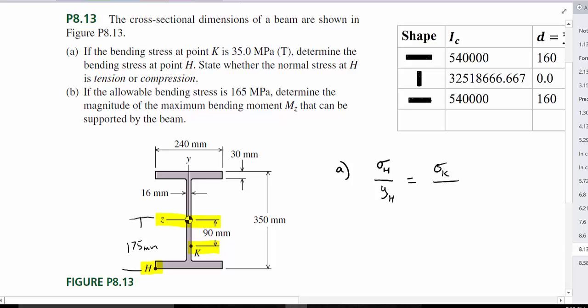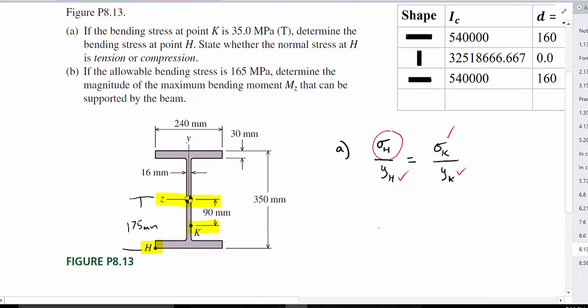So now all these values are known except this one. Just through algebra, we get sigma sub h equals sigma sub K multiplied by the y value of h divided by the y value of K.